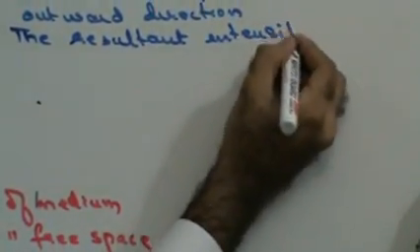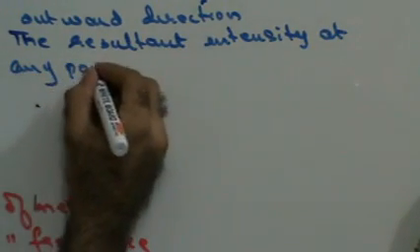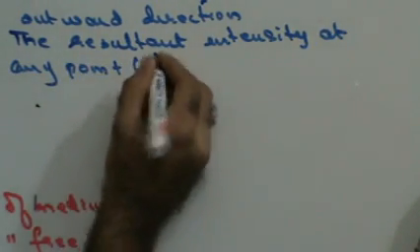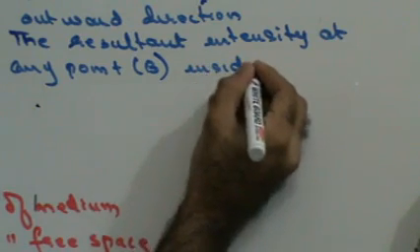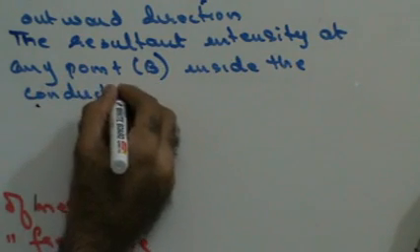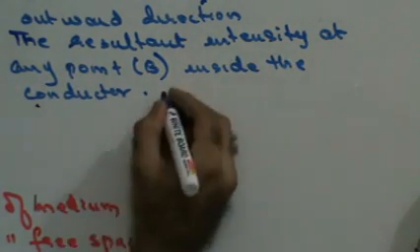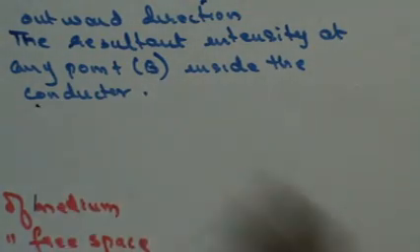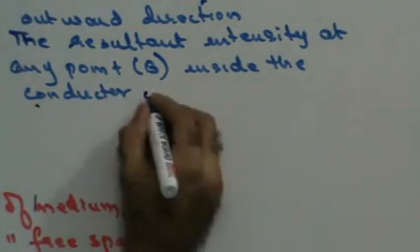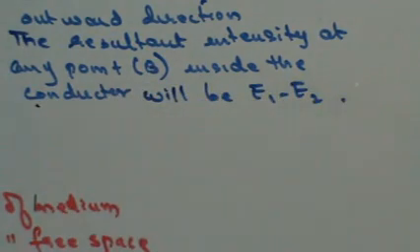Now, the resultant electric intensity at any internal point, let's consider that point as B, inside the conductor. Inside the conductor, as we can see, E1 and E2 are in opposite direction, therefore the resultant intensity inside the conductor will be E1 minus E2, right?